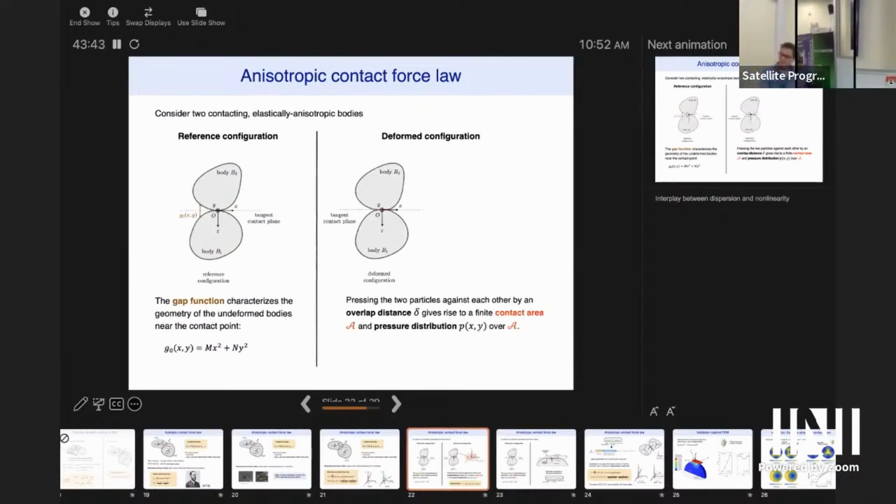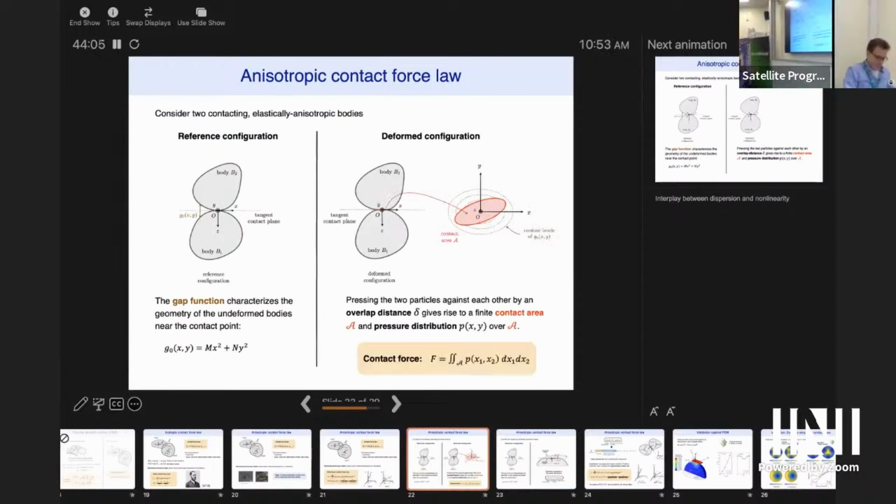Now, as I press them together, I'm going to establish some kind of contact force. And I'll get that force through a pressure distribution over a contact area. So this was how they started, they were barely touching, and now I press them together, and now there's a flat thing between them. Where they're touching, there's pressure, and if I integrate that pressure, I'm going to end up with the contact force.